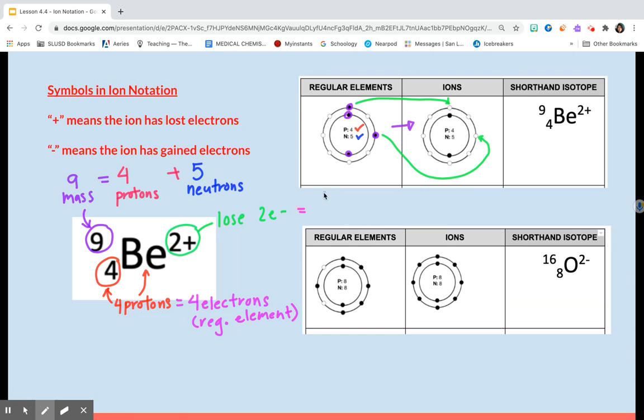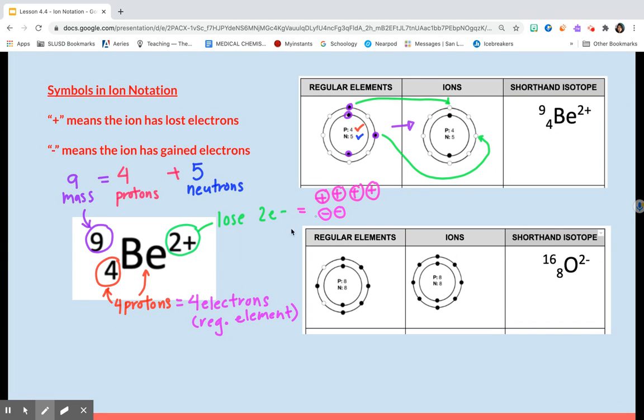For protons, if I have 4 protons from this number here, 1, 2, 3, 4. Remember, protons are a positive charge. 1, 2, 3, 4, and I have 4 of them. And if I start out with 4 electrons and I lose 2, then I only have 2 left.